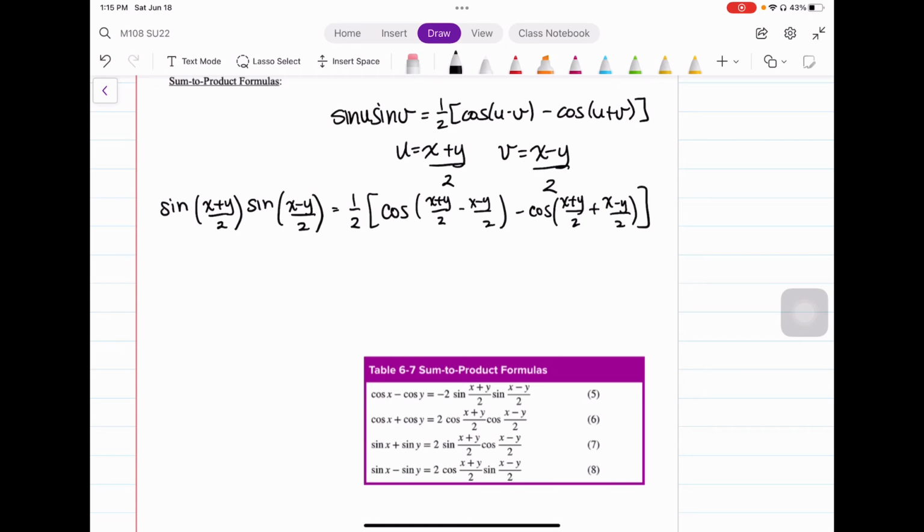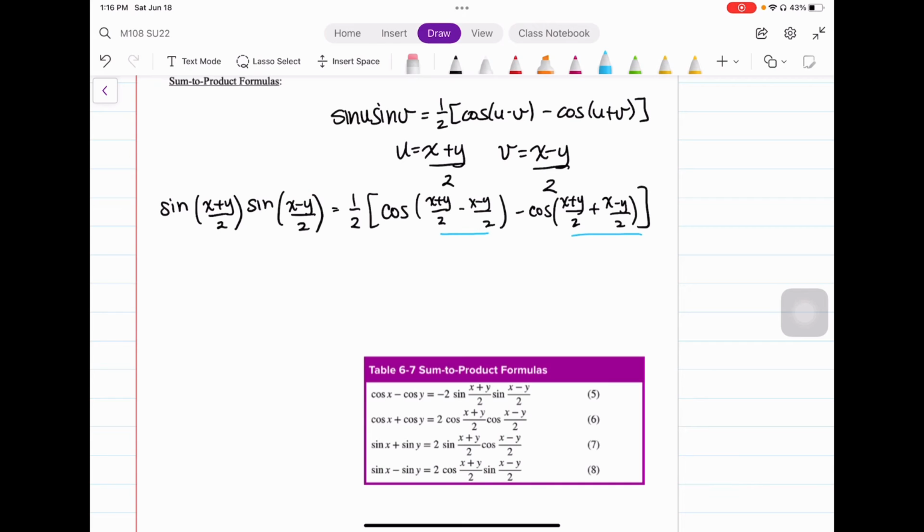With that substitution, we have sine x plus y over 2 sine x minus y over 2 equals 1/2 [cosine x plus y over 2 minus x minus y over 2 minus cosine x plus y over 2 plus x minus y over 2]. I'm going to multiply both sides by 2, and then I'm going to simplify inside these cosine expressions.